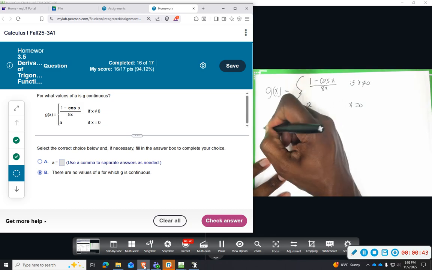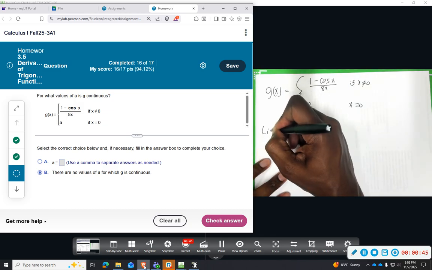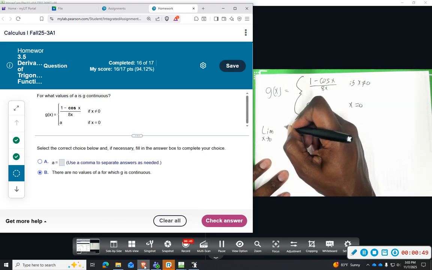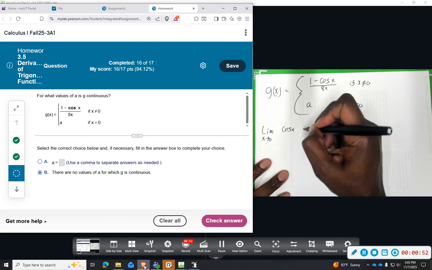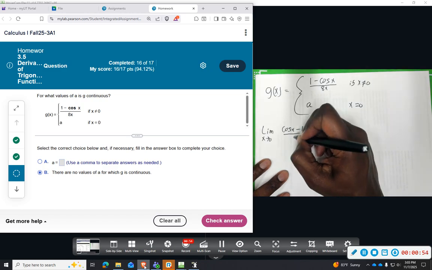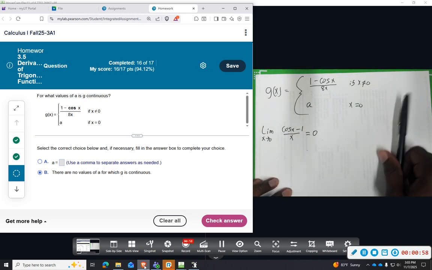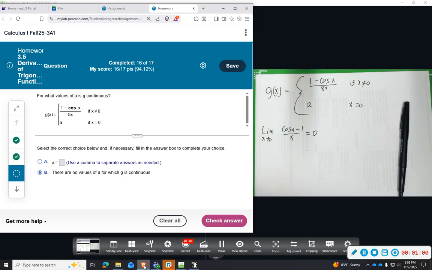We were given two rules, one of which was the limit as x goes to 0 of cosine of x minus 1 divided by x is equal to 0. Let me see if I can refer back to a prior problem.